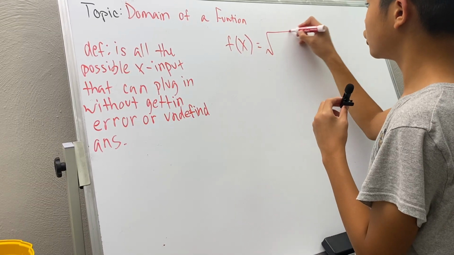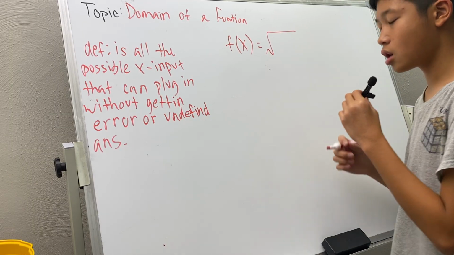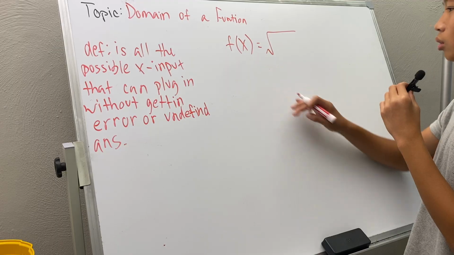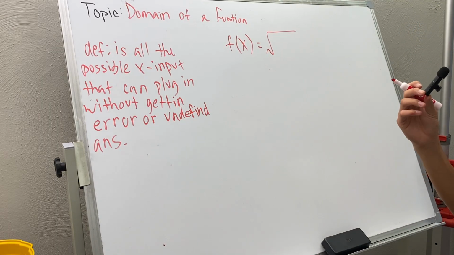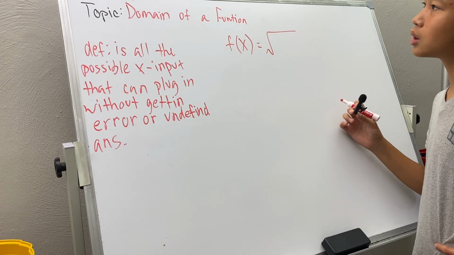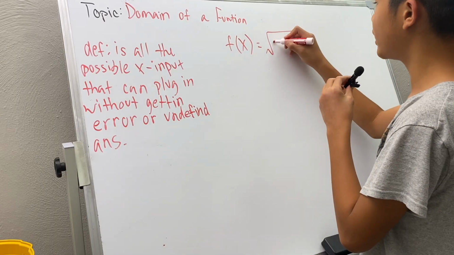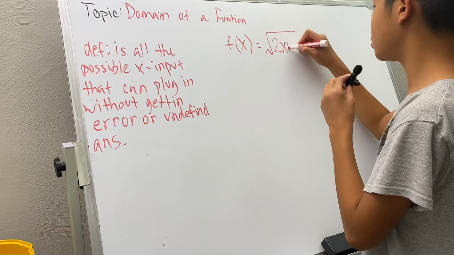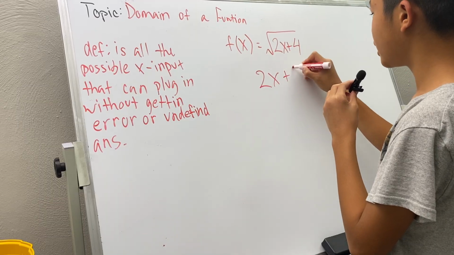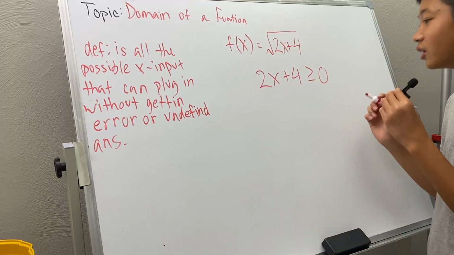Let's say the square root of 2x plus 4. Okay, so you know the inside gotta be greater than or equal to 0 in order to do the domain of function.